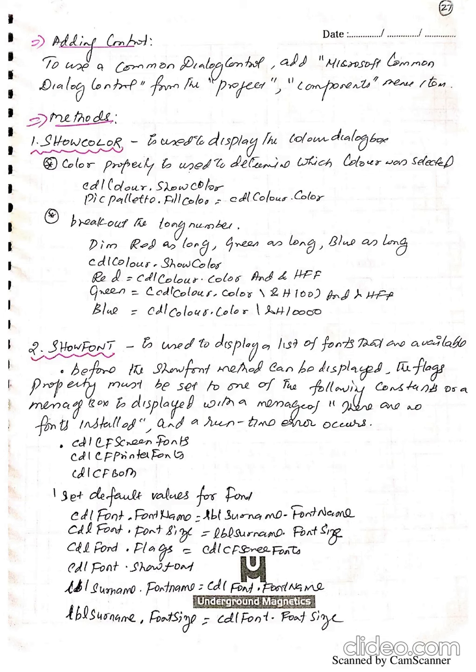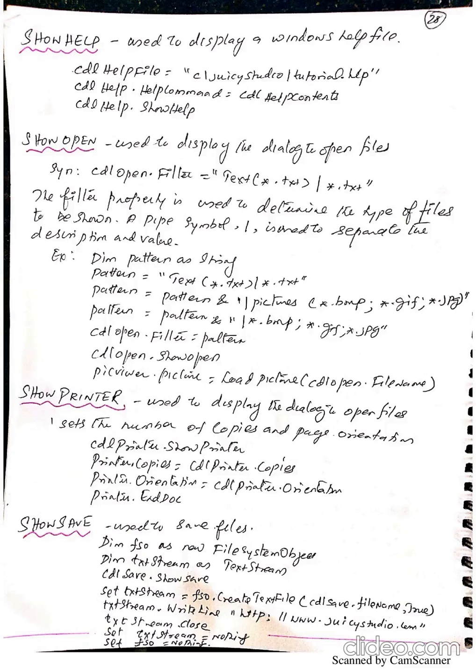ShowHelp is used to display the Windows help file: cdlHelp, cdlHelpCommand, cdl.ShowHelp. ShowOpen is used to display the dialog to open files. The Filter property is used to determine the type of files to be shown. A pipe symbol is used to separate the description and value.